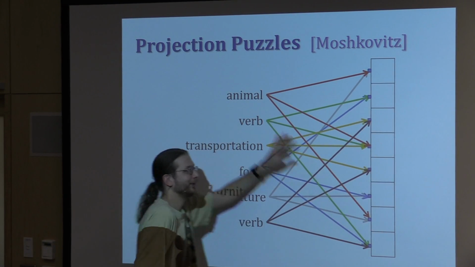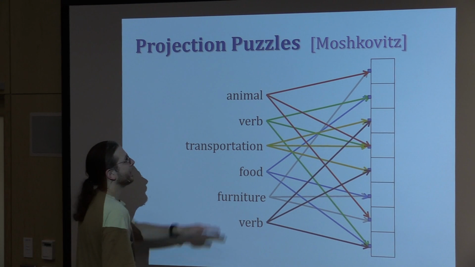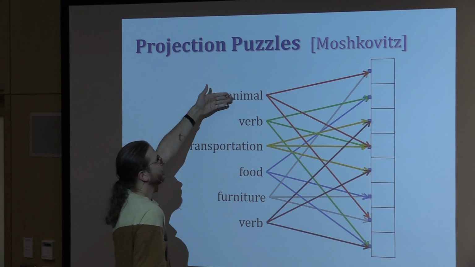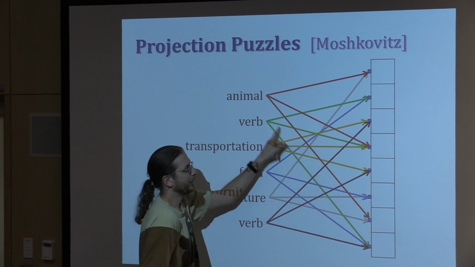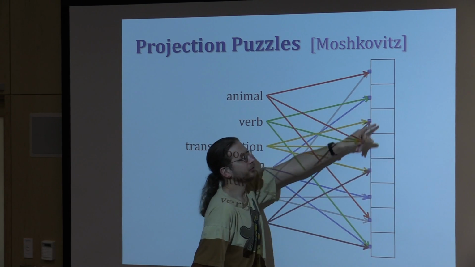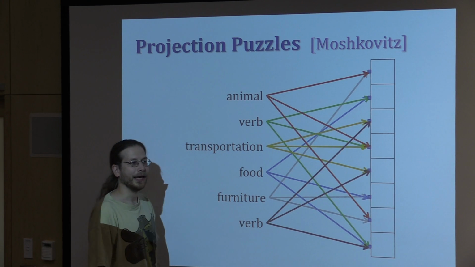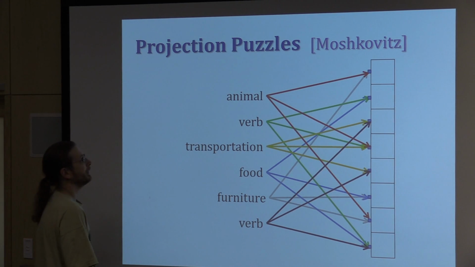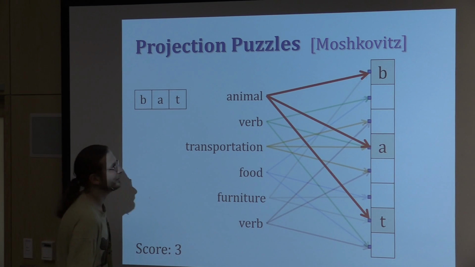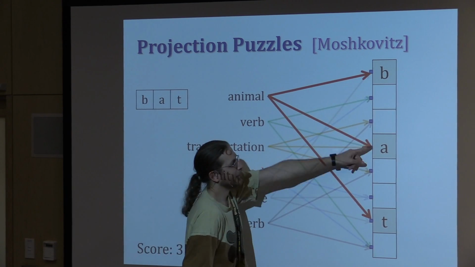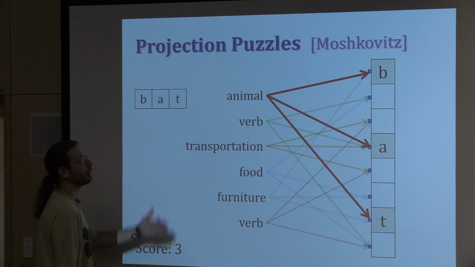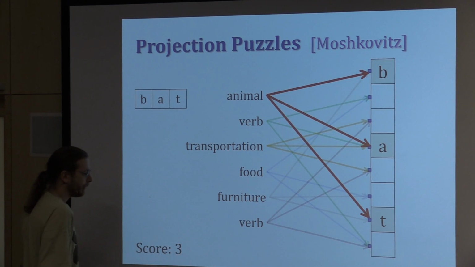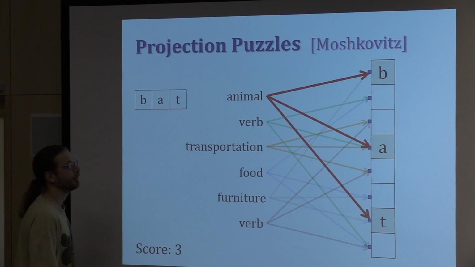This is B, and this is A. And such that, for example, this says animal, which means the three things pointed by the red arrows, those letters should concatenate to form an animal, like cat, bat. All right, that's the example. So if I write B, A, and T, animal is satisfied perfectly. Because all three letters form a word, I get 3 points so far.